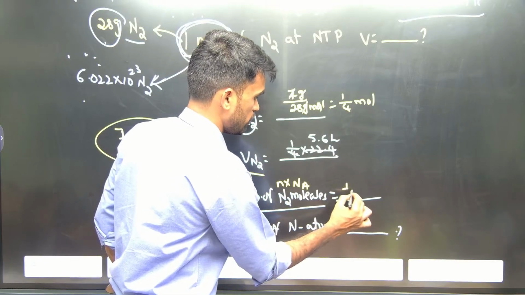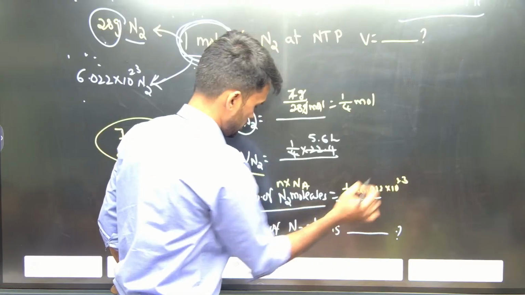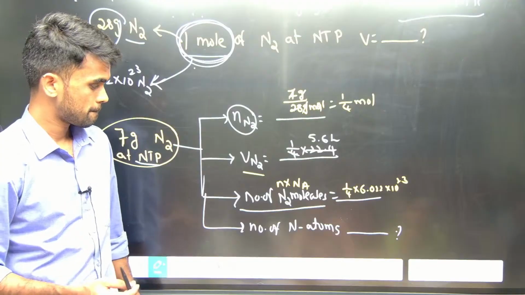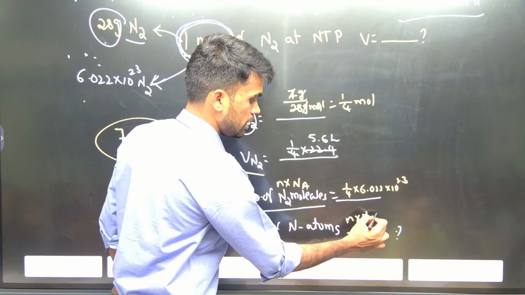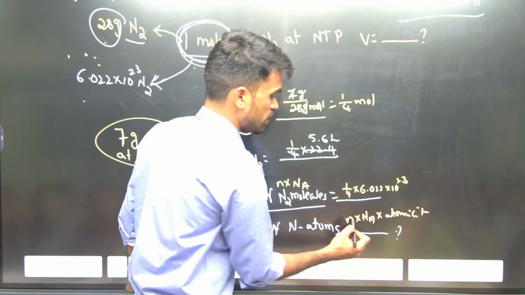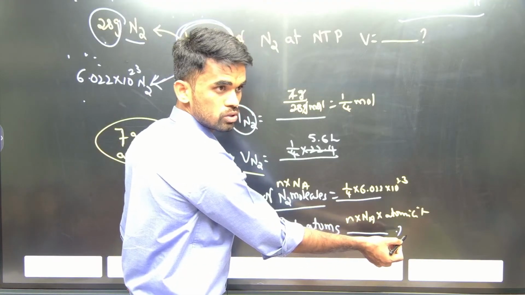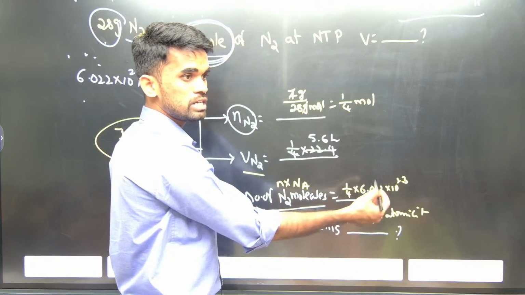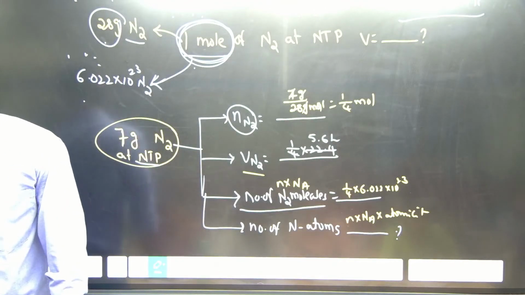So 1 by 4 into Avogadro number. For atoms, what did I tell you? n into N_A into atomicity. So it means 1 by 4 into Avogadro number into 2, which is 1 by 2 into Avogadro number. So it means 3.011 into 10 power 23. That's it. Is this clear, everyone?